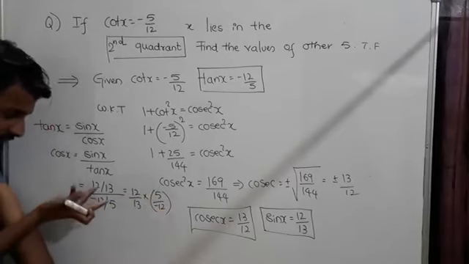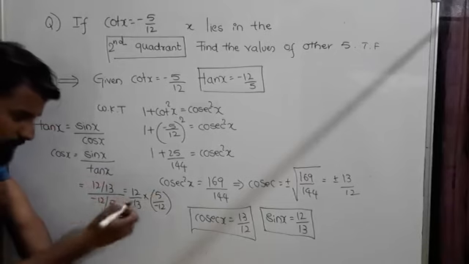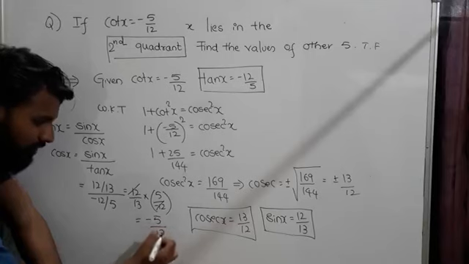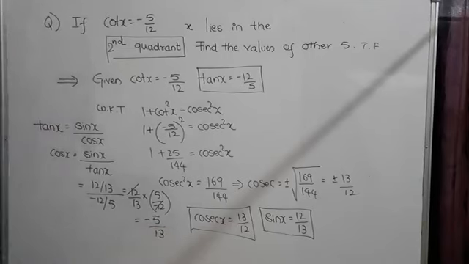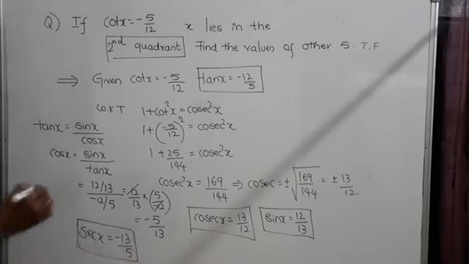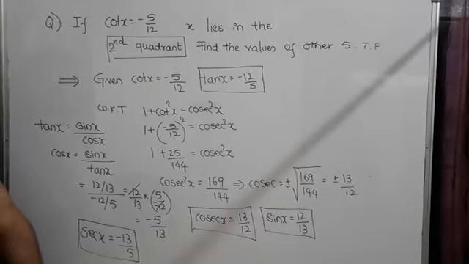I hope you know, right? Division becomes reciprocal, 12 cancel. So you will be left with minus 5 upon 13 is cos x. So if I know cos x, writing sec will be very easy, that is minus 13 upon 5 will be sec x. I hope you understood, and I believe that most of you have done it right, isn't it?